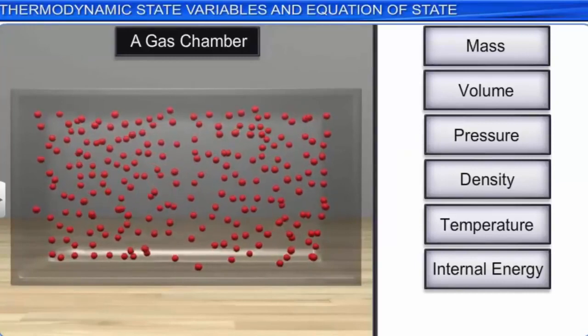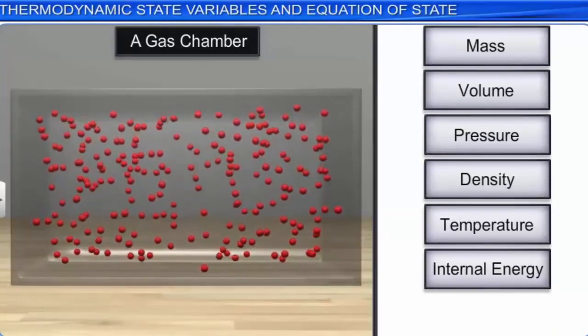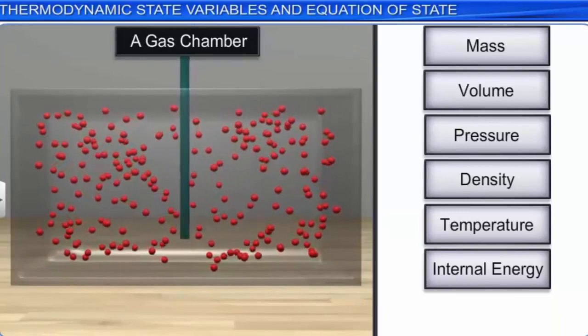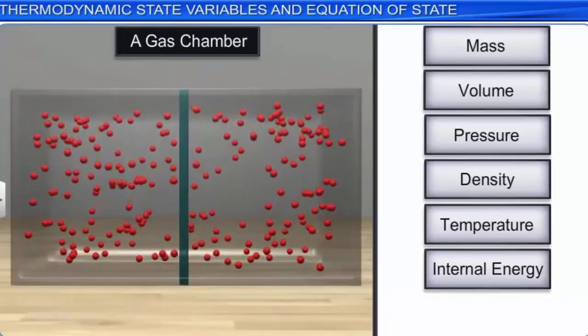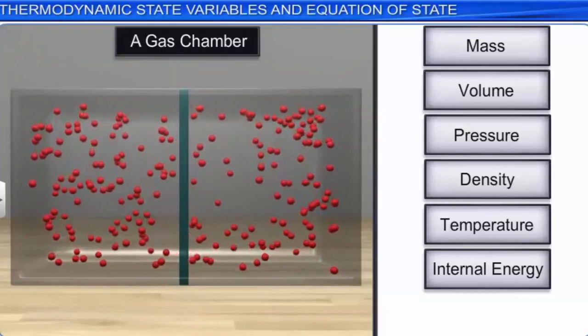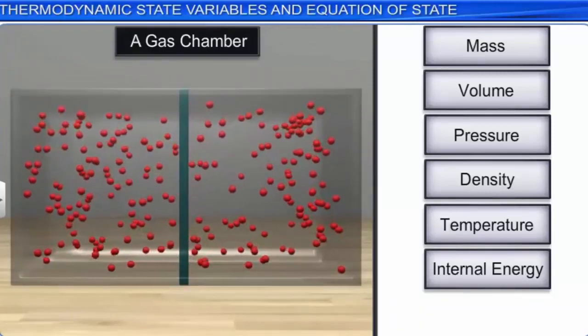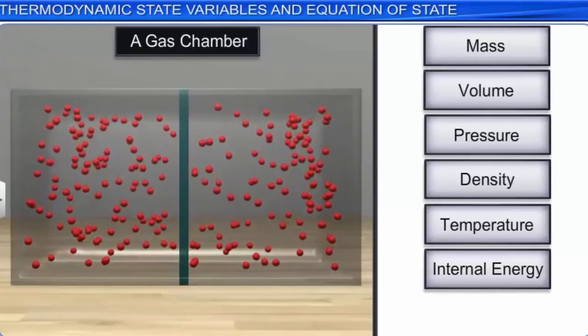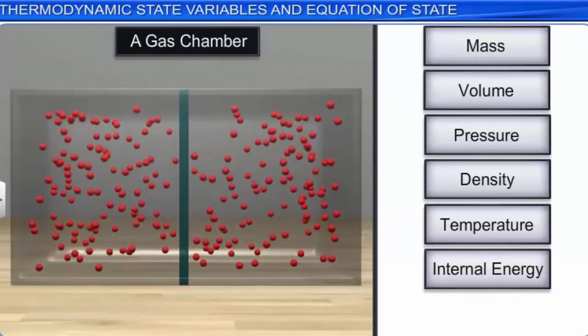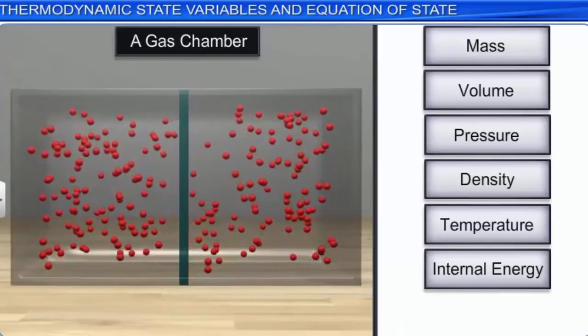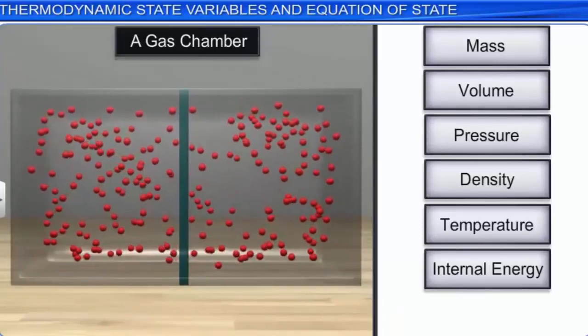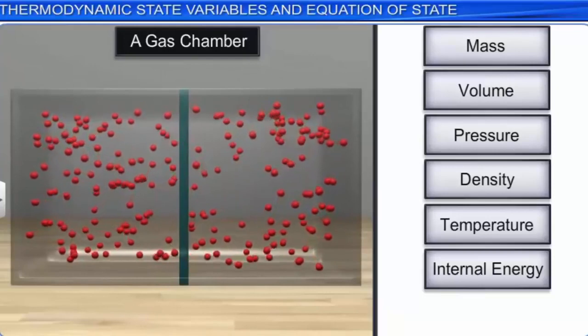If a system of gas in a chamber, that is, in an equilibrium state, is divided into two equal parts, the variables that remain unchanged are intensive and variables whose values are halved are extensive. We can see that there will be no change in the pressure, density and temperature of the gas.